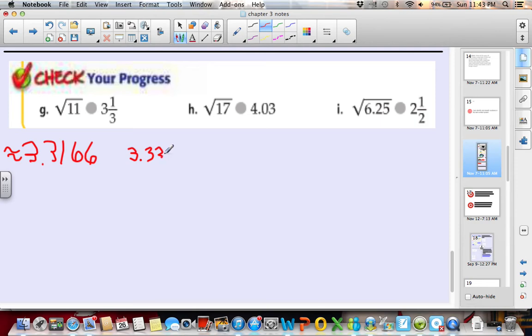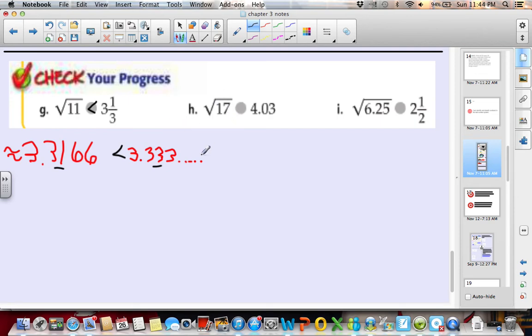So 3.333333, and so on. Okay, so my tenths place, we have a 3 in each. So I look at my hundredths place, I have a 3, and I have a 1. I know that 3 is greater than 1. So 3.3166 is less than 3.333333. So square root of 11 is less than 3 1/3.